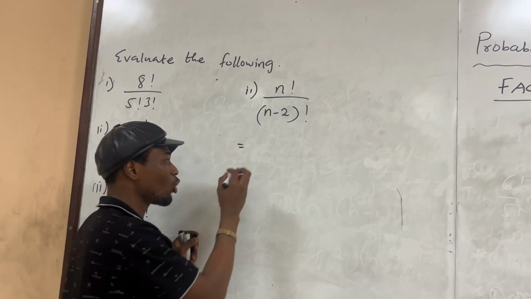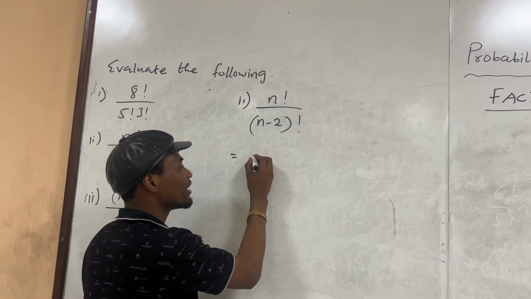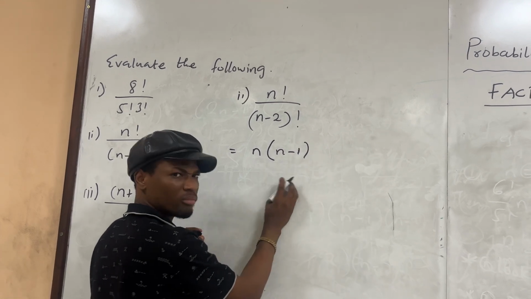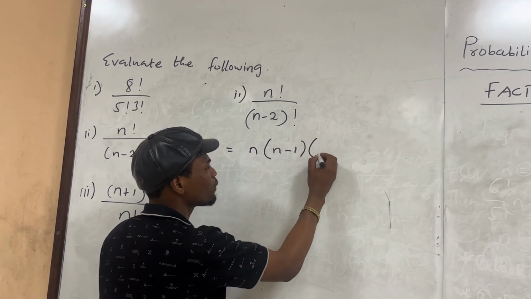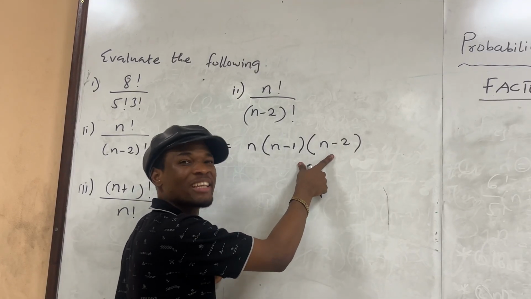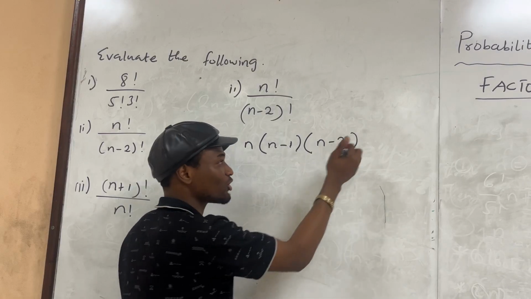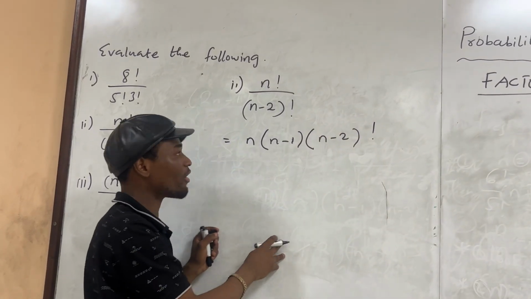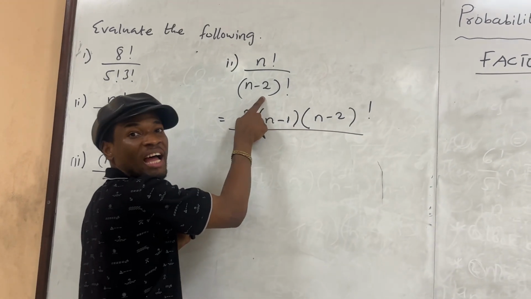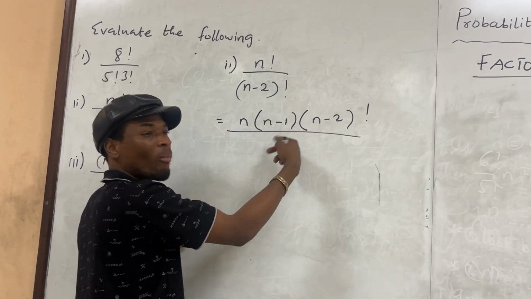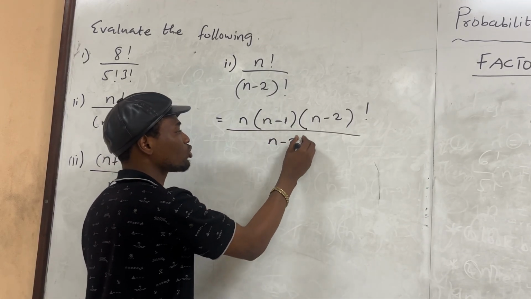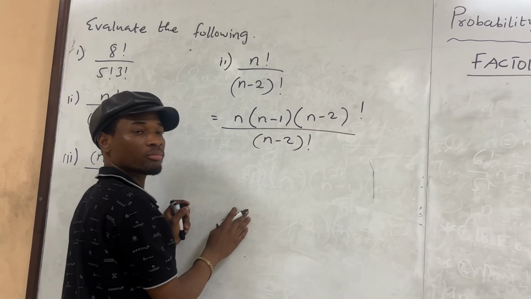You know that n factorial is the same as n, then multiply by n minus 1, then n minus 2. So, do I want to end here? Yes. If yes, you bring your factorial sign over here. Then all over, I'm ending at this point because of the denominator, so that you have a common expression over there. So I have n minus 2 factorial.